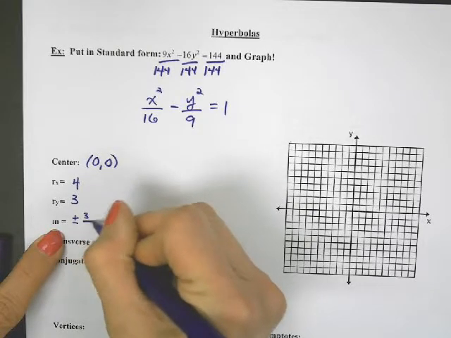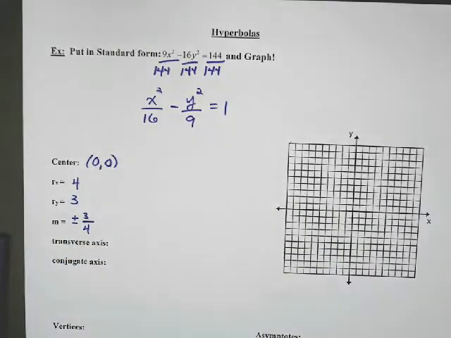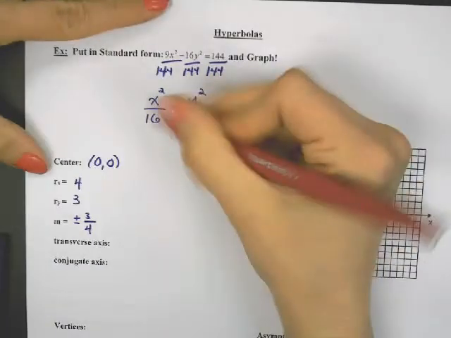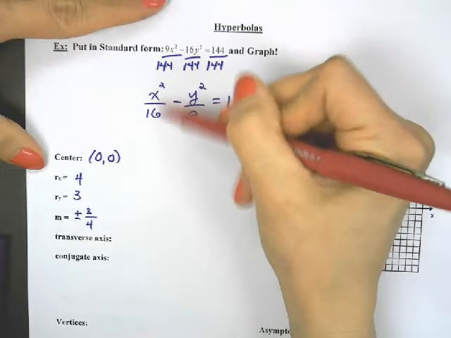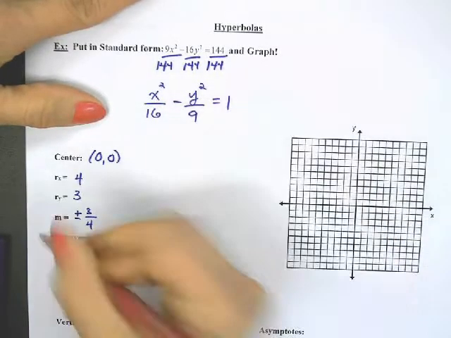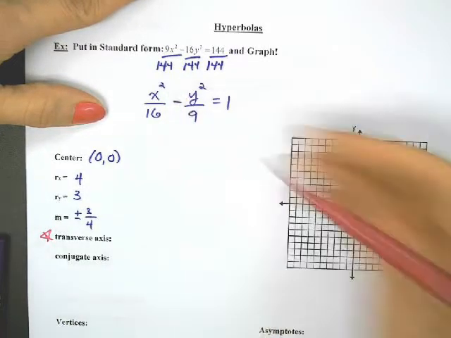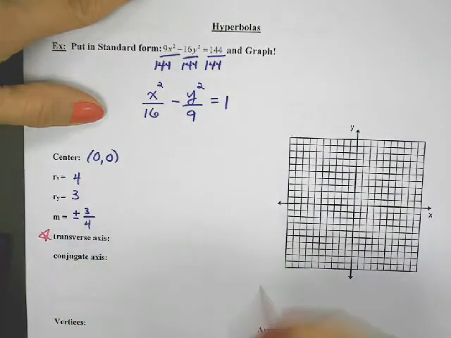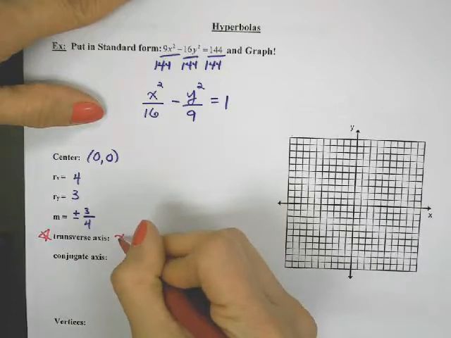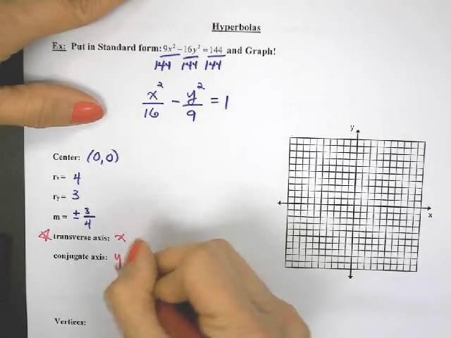That's going to be 3 over 4. I am going to switch colors here and get out the pink pen. You have to make sure you take a look at which letter is the positive one. X is first. X is the transverse. That's very important because that tells me which way the shape is going to go. So the transverse axis is X, and the conjugate one must be Y.